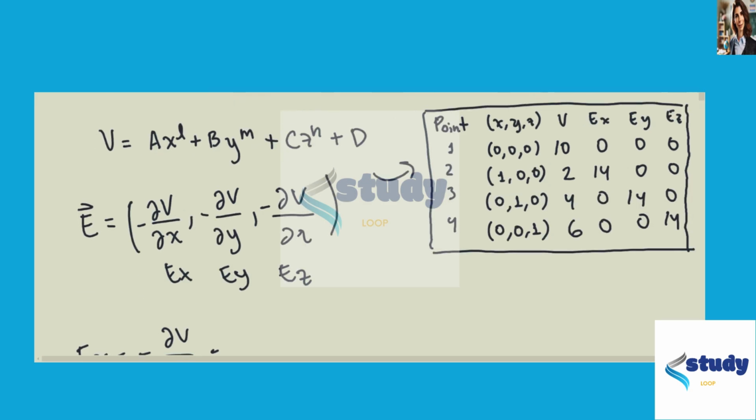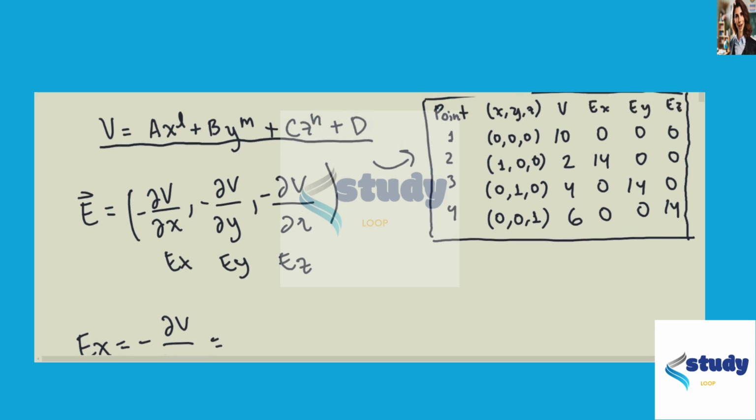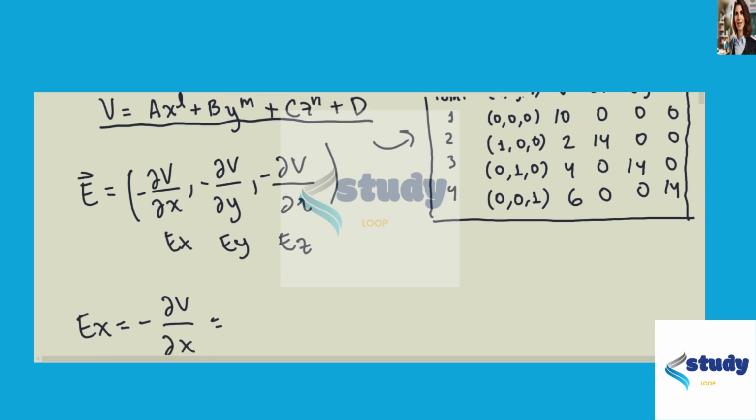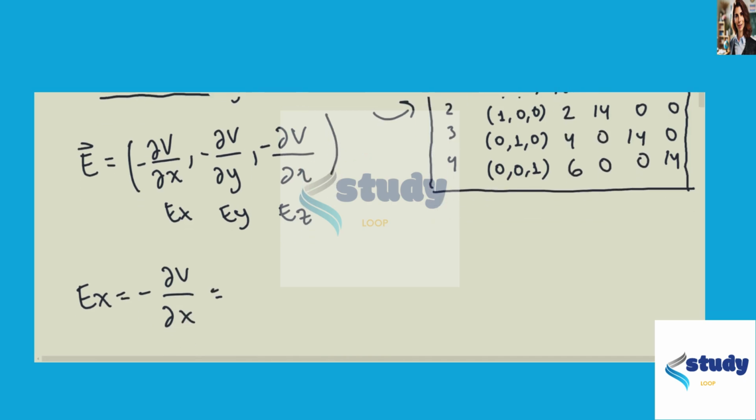We can see in the function for the electric potential that when we partially derive it with respect to x, only the first term is the one that we are going to derive, because the other ones are just constants. So we will have minus the derivative of A x to the L over x.